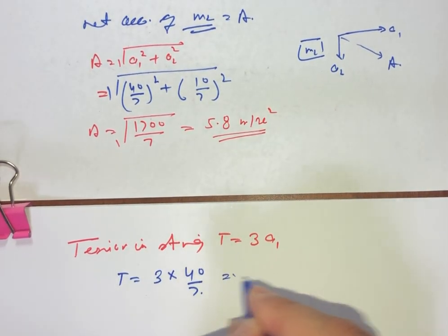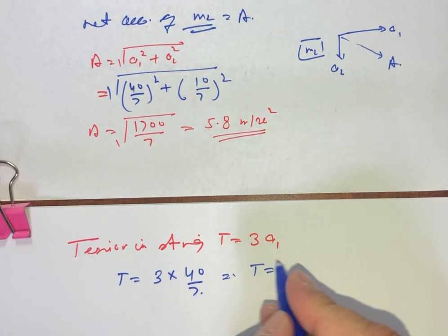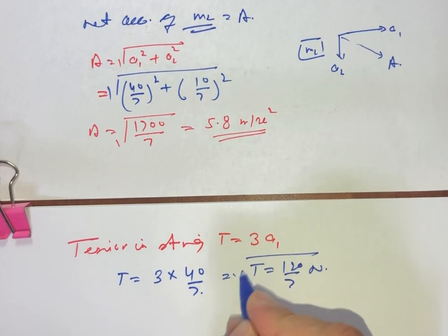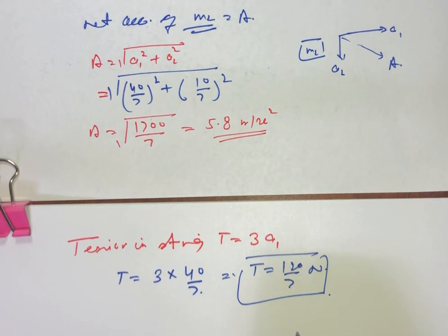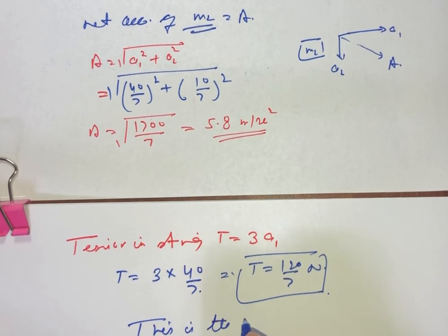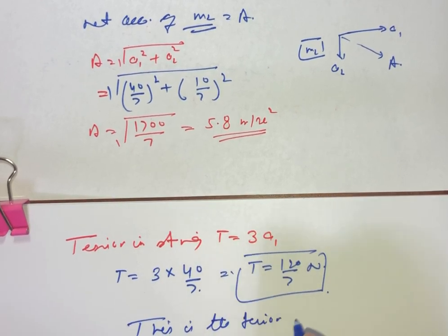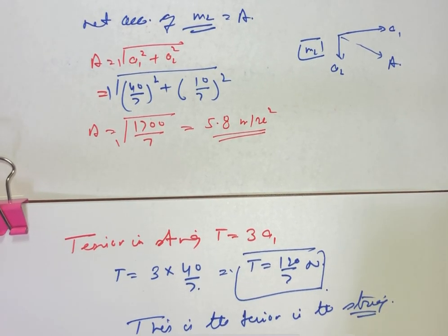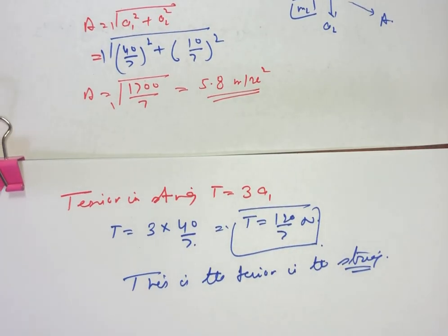So we can say that our tension T is equal to 120 by 7 newtons. This is the tension in the string. Okay, so this completes the question. Thank you.